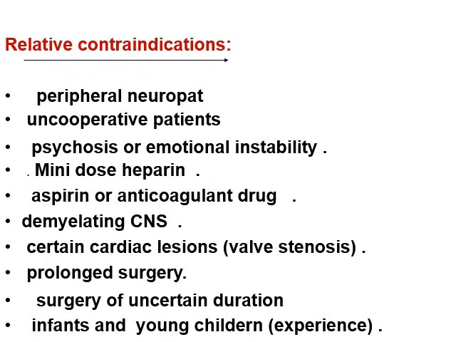Relative contraindications include peripheral neuropathy, uncooperative patients, psychosis or emotional instability, many-dose heparin or aspirin or anticoagulants, demyelinating CNS diseases, certain cardiac lesions, prolonged surgery or surgery of uncertain duration, and infants and younger children due to lack of experience.